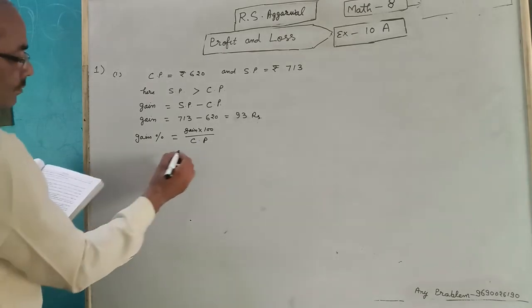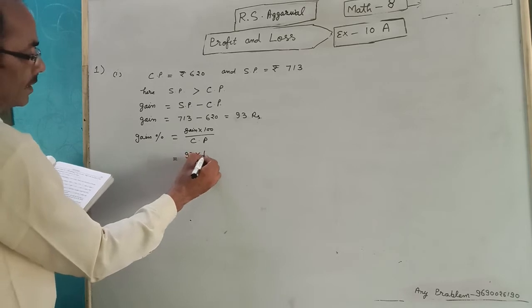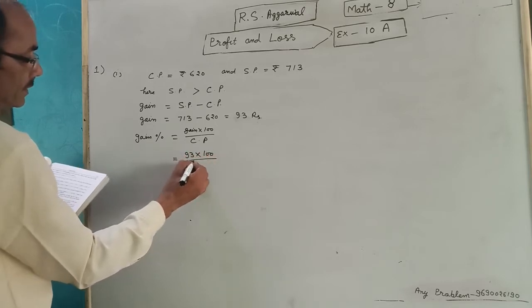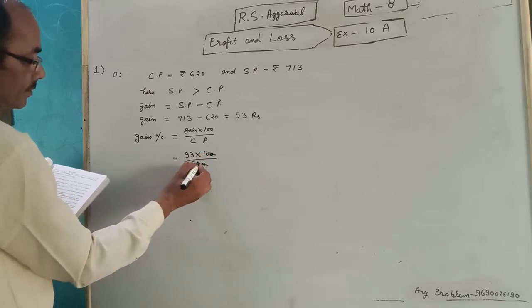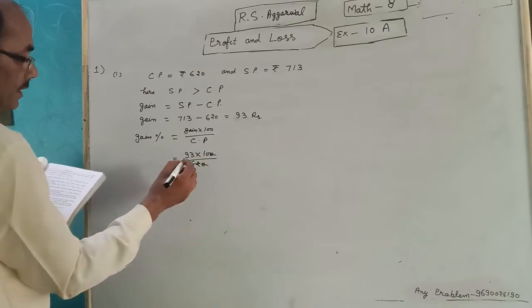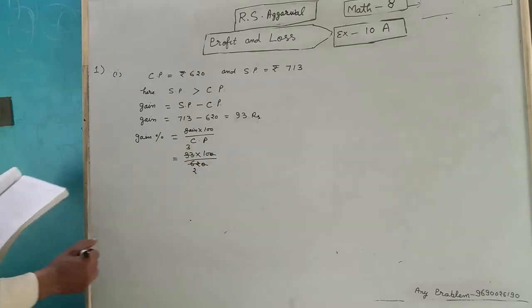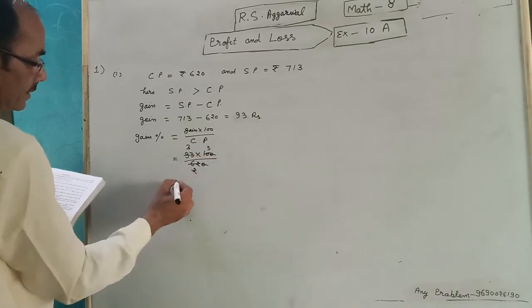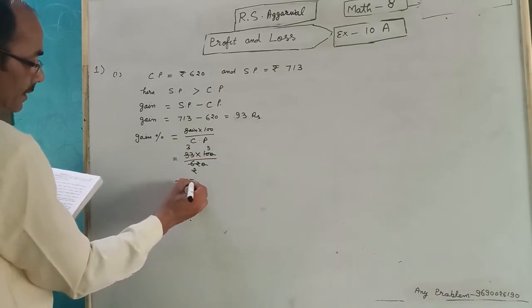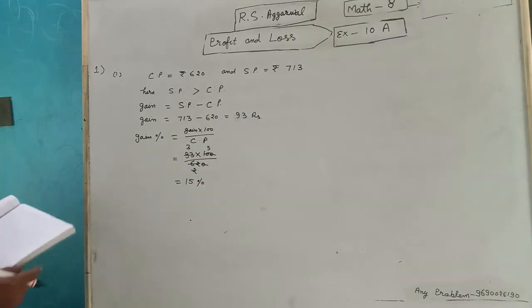Putting the value, 93 into 100 upon 620. 15% is the gain from the first part.